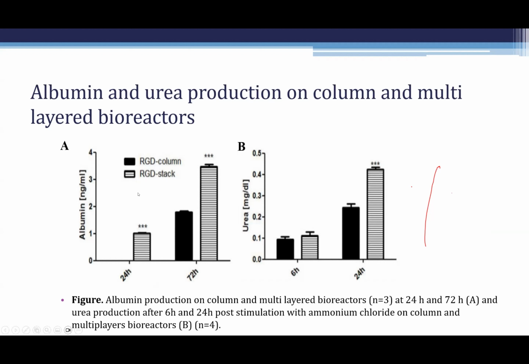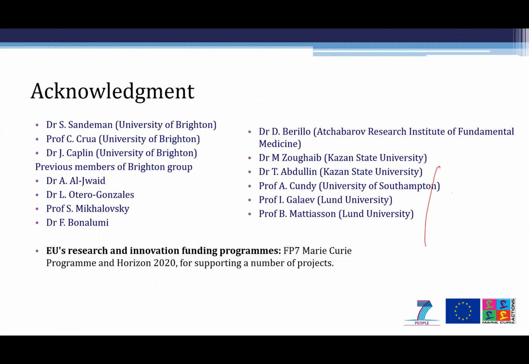Here you can see the RGD modified column, which is just monolithic, and then the RGD column which is produced, as I explained, by stacking different discs of the cryogels together. So you see that the performance of the final design of this bioreactor is much better for albumin production by the cells.